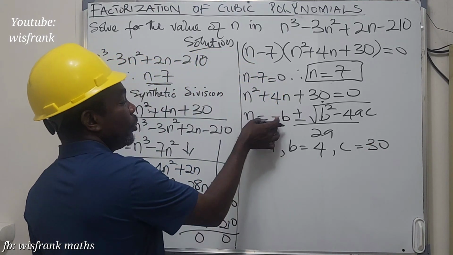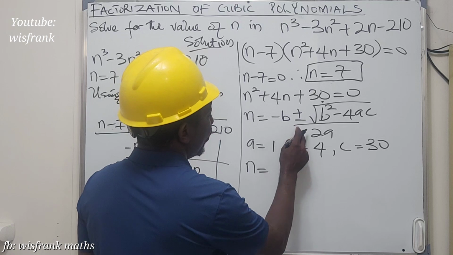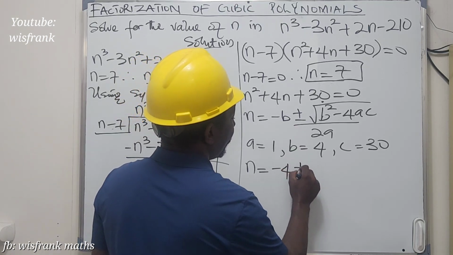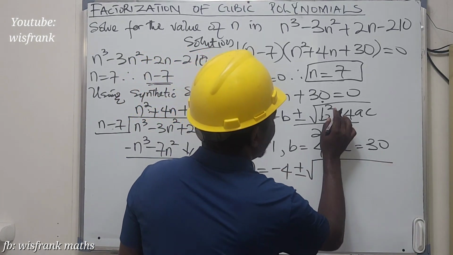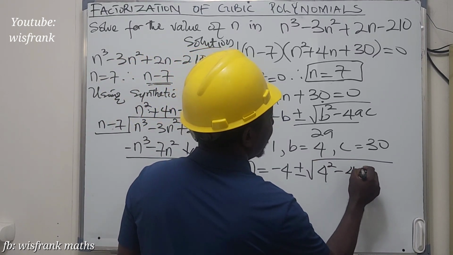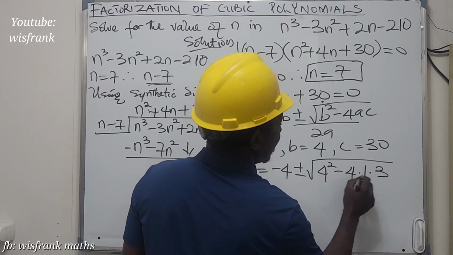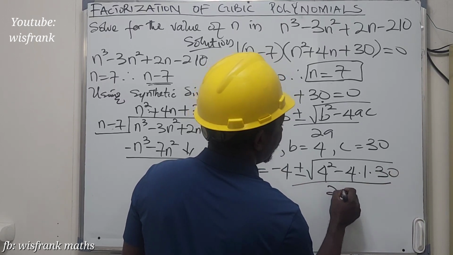Substituting these parameters into the quadratic formula, we have n equals minus b, which is minus 4, plus or minus square root of b squared. Our b squared is 4 to the power of 2, minus 4 times a, our a is 1, times c, which is 30, all over 2 times 1.